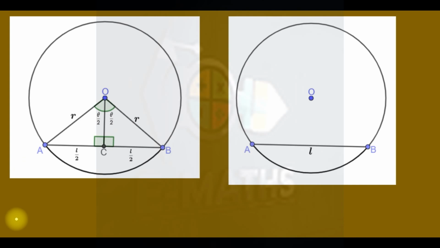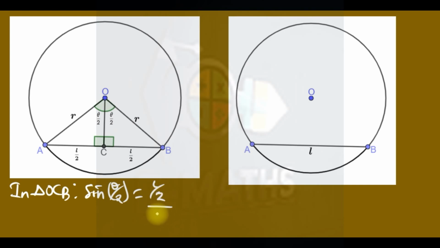From this you can easily see that in triangle OCB, we are given the hypotenuse and the opposite. So sine of half theta is opposite over hypotenuse, which is L over 2 over R, the same as L over 2R.